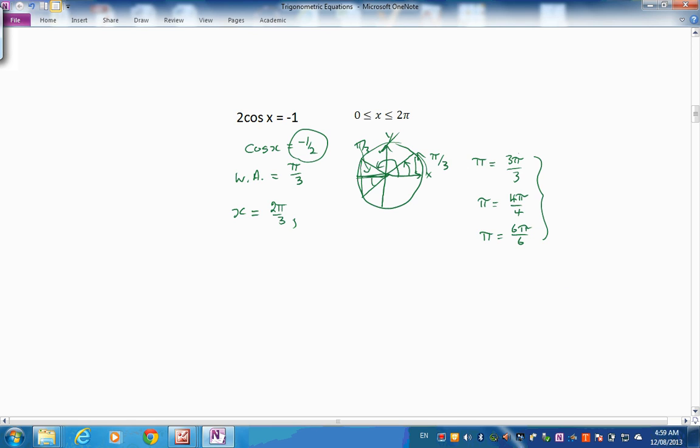So pi on 3 past pi is 4 pi on 3, because pi is 3 pi on 3. And then we must put plus k times 2 pi, meaning that if we keep going around, whole integer values of 2 pi in either direction, we'll be back to the same point.